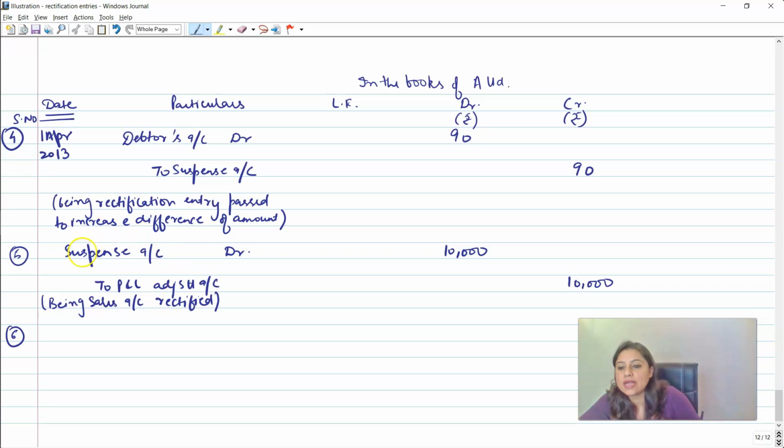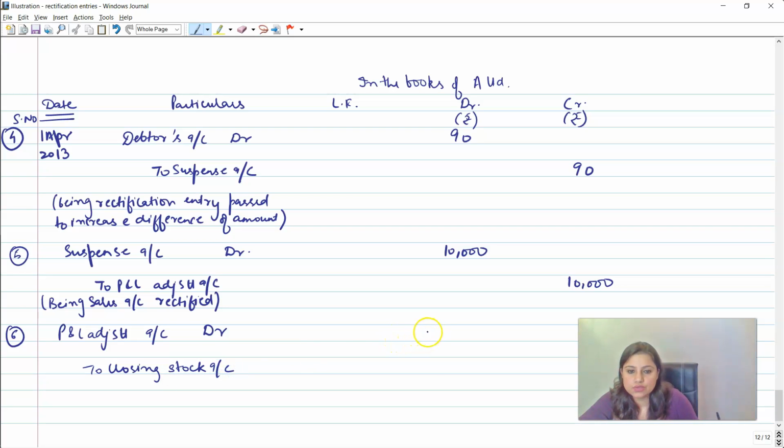So the rectification entry that we need to pass is P&L adjustment account debit to closing stock account rupees, or we would simply mention 10,000.